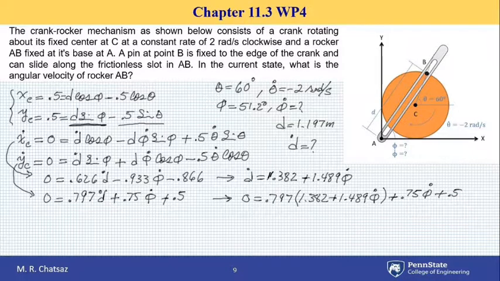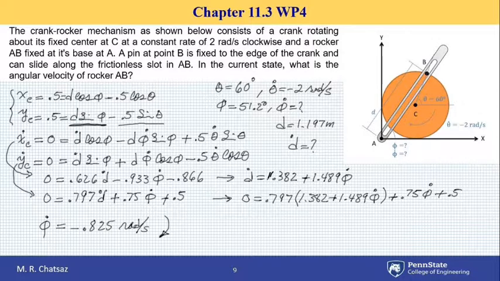So this last equation has only one unknown, therefore I can solve for it, and if I do the numerical calculation, I get phi dot equal to minus 0.825 radians per second. And the negative sign indicates that the rotational speed of the rocker AB is clockwise.